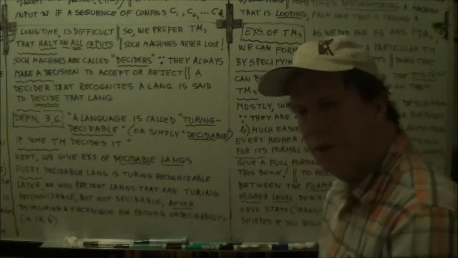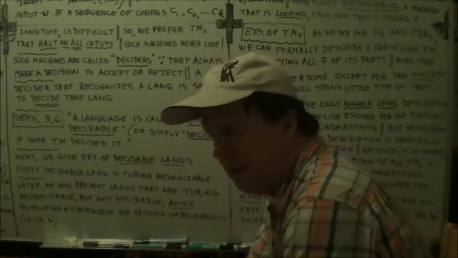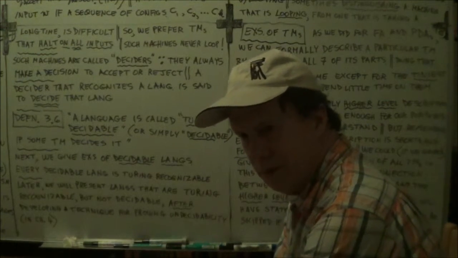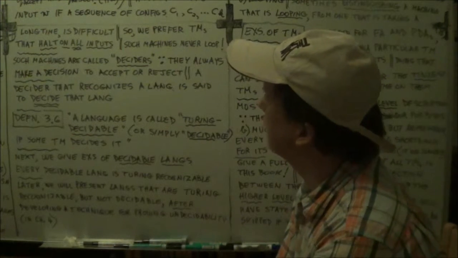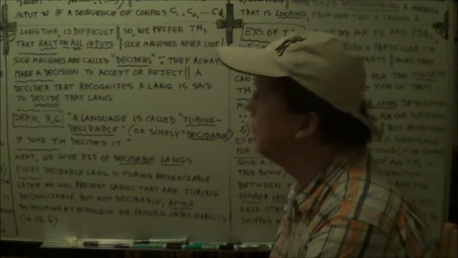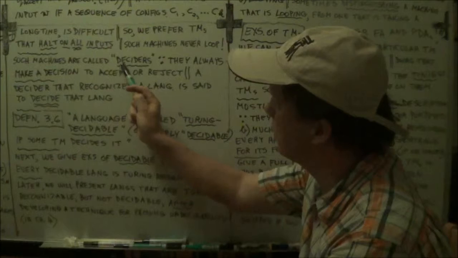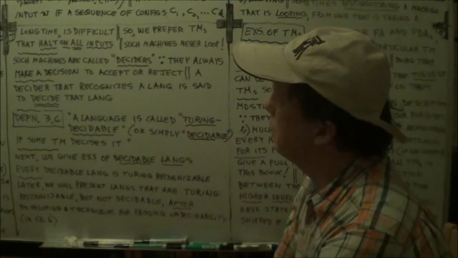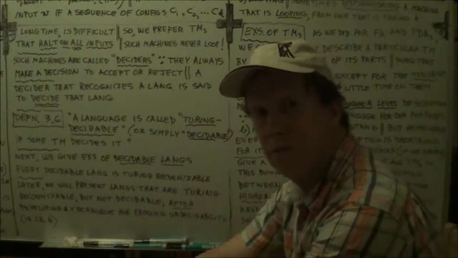To avoid the problem, supposedly, and I have a question mark about this, Sipser is proposing a subcategory of Turing machines that are labelled deciders. They are machines that halt on all inputs.